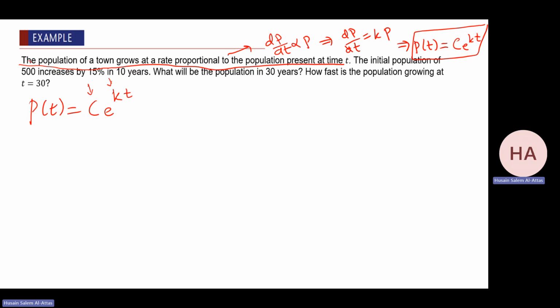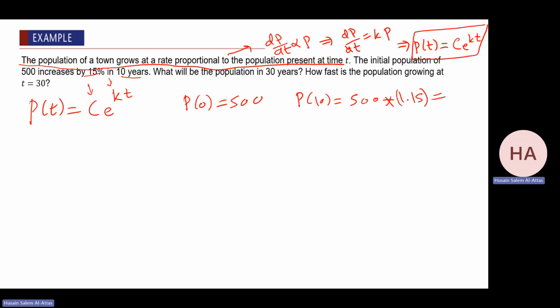Okay, the initial population is 500, so P at 0 equals 500. In 10 years, it increases by 15%. So P at 10 will be 500 times 1.15, since I have a 15% increase.